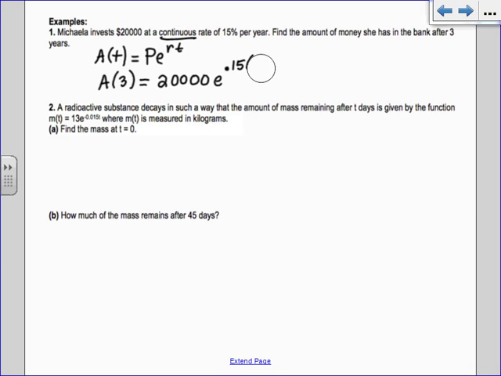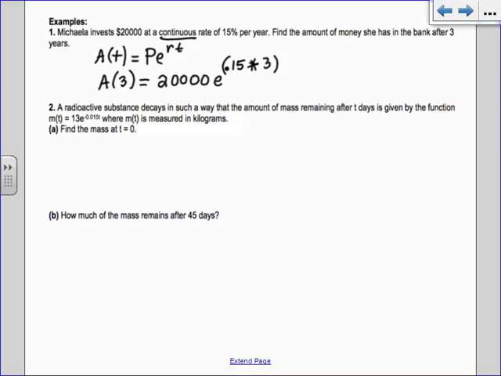So what I encourage you guys to do, and I did this last year as well, is to write it like this, so you know that you're going to do the 0.15 times 3 in parentheses on your calculator. Okay, let's go ahead and try that. 0.15 times 3.